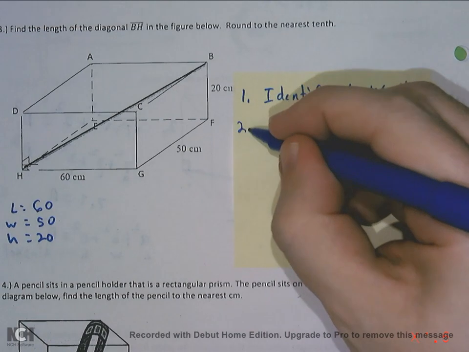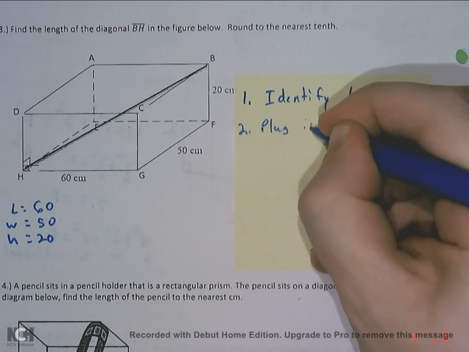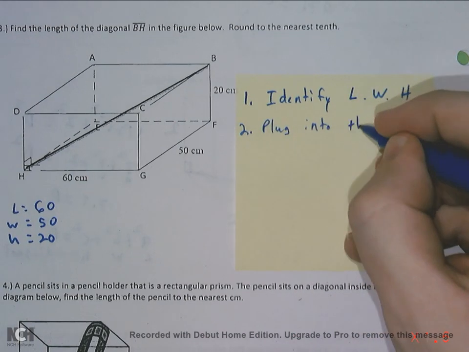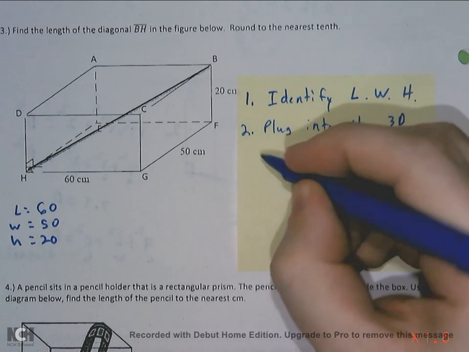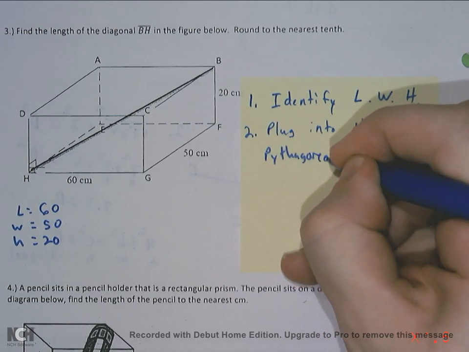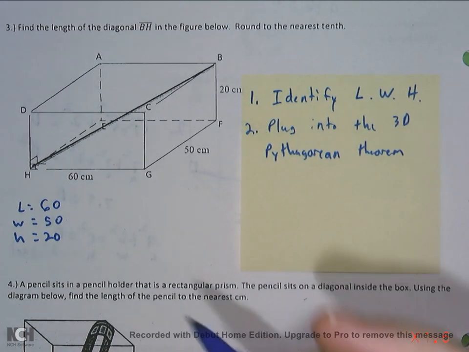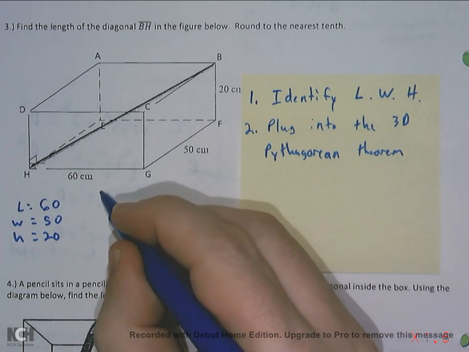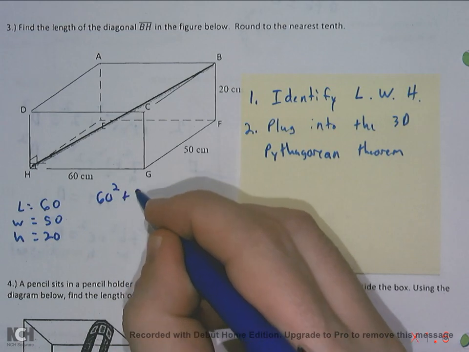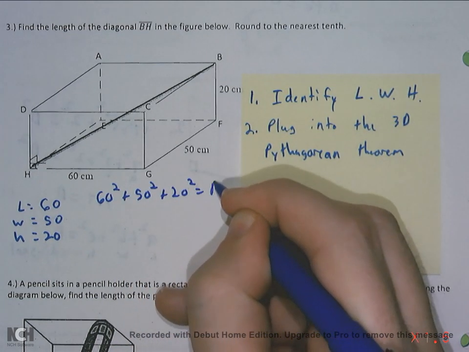The next step is to plug in to the 3D Pythagorean theorem. So I would have 60 squared plus 50 squared plus 20 squared equals the diagonal squared.